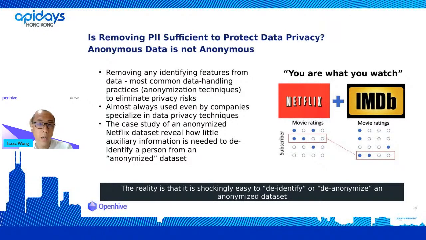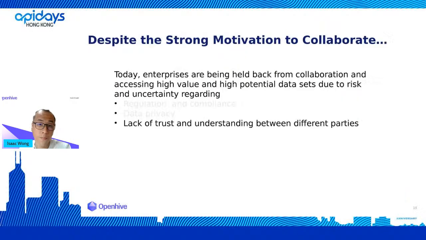For example, in the Netflix anonymized dataset case, some clever data scientists made use of auxiliary data to guess back exactly which individual was participating in the data set, despite all of the PII having already been removed from the data set. So it sounds like there are many risks to data privacy within the internet, or when we are doing data collaborations.